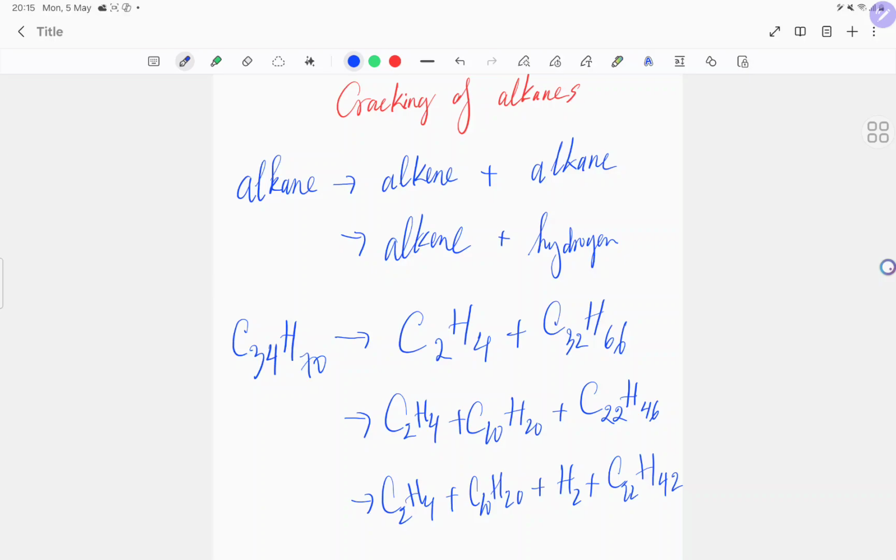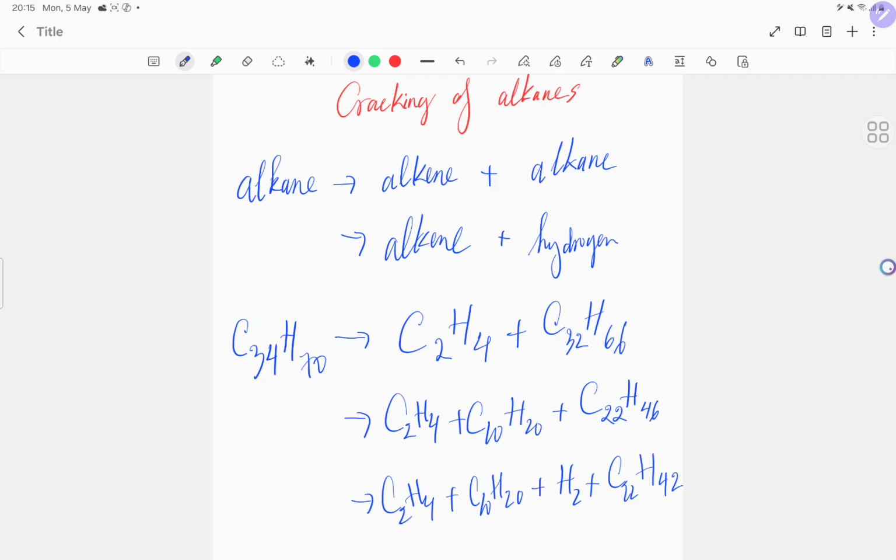What are the conditions for cracking? In the question, it only requires the answer to be catalyst. You don't have to know which catalyst it is. You just need to know that it needs a catalyst and high temperature.